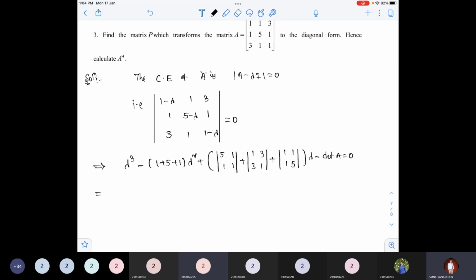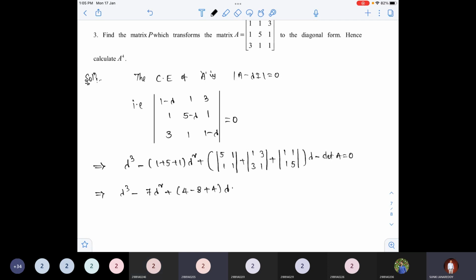Here what are the values? Lambda cube minus 7 lambda square. Next, the determinant values: 5 minus 1 is 4. Next, 1 minus 9 is minus 8. Next, 5 minus 4 is 1, that is 4.